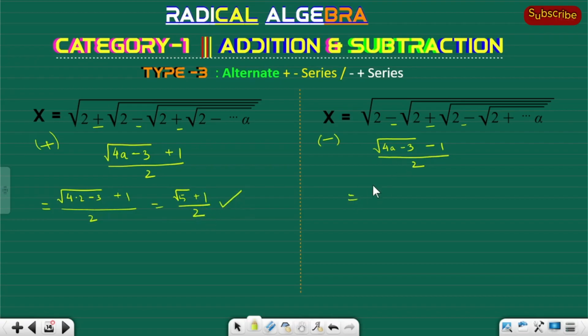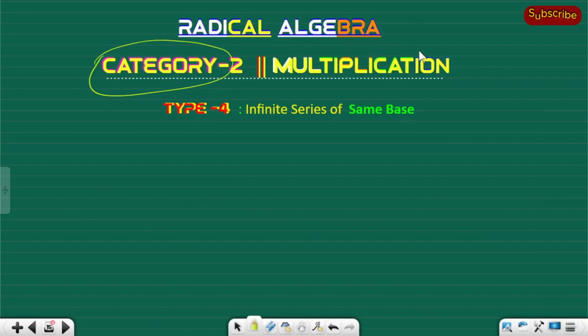Here it will be 4 into 2 minus 3, minus 1 by 2, equal to root 5 minus 1 by 2. Category 2, we have come to multiplication.